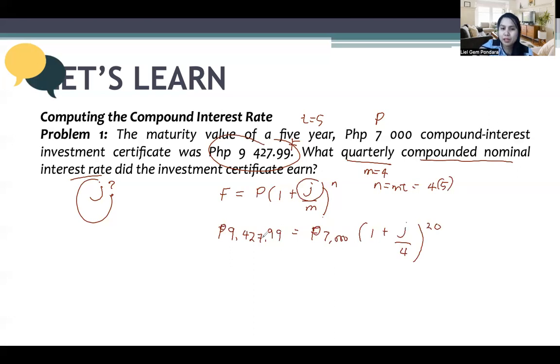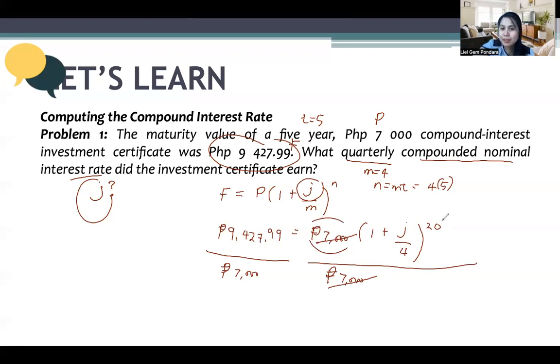Here, if you have formulas like this, you start with the numerical coefficient, the 7,000. So divide all by 7,000. But here's another clue that I'm going to tell you. Do not divide it immediately, or else you'll have a trouble with the decimals. And in the board exam, the decimals are very close to each other.